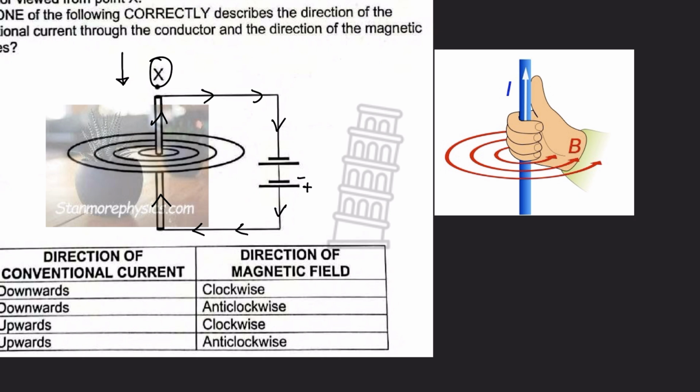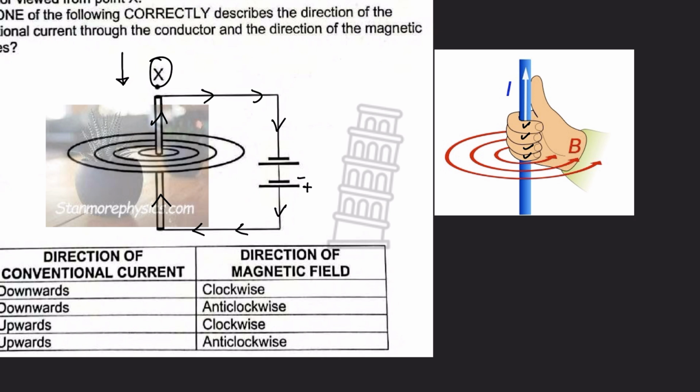So if you are holding it with your right hand and your thumb is pointing in the direction of the current, then your other fingers, from your index to your baby finger, these 4 fingers, the direction that they are curling is going to be the direction of the magnetic field. So in this case, it's exactly as the image shows.